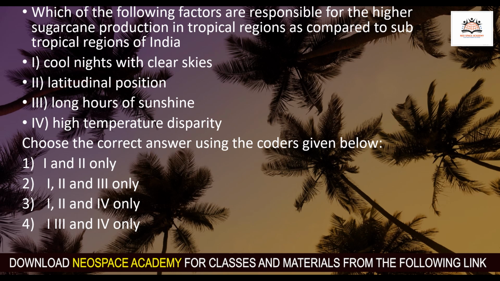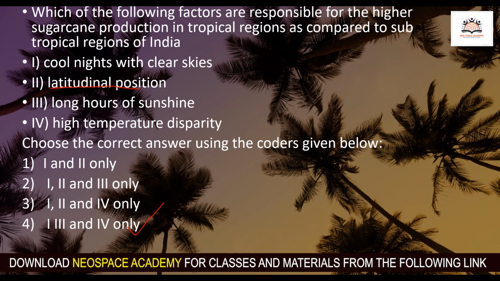Then what will happen? There will be a drop of temperature, and due to this you will not be having a high amount of insolation or sunshine, so this crop does not grow over there. So that's the reason why you eliminate option 2, that is latitudinal position. So the correct answer is 1, 3 and 4 only.